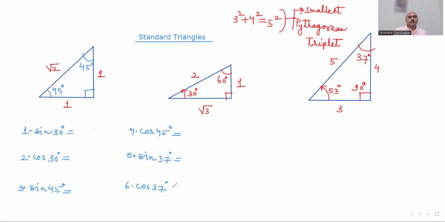Cos 37 degrees. Sin 53 degrees. Cos 53 degrees. Sin 60 degrees. And the last one is cos 60 degrees. So I'll do a few of them for you. I'll do this sin 53 degrees, okay?